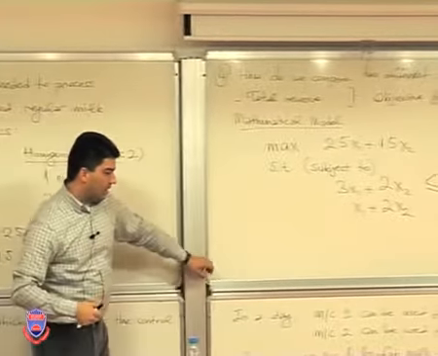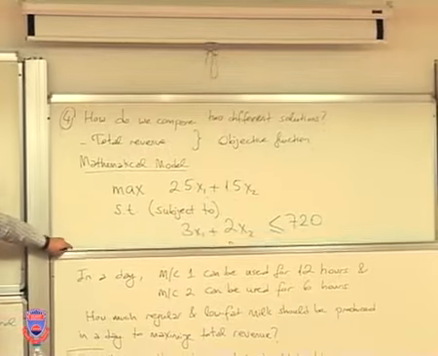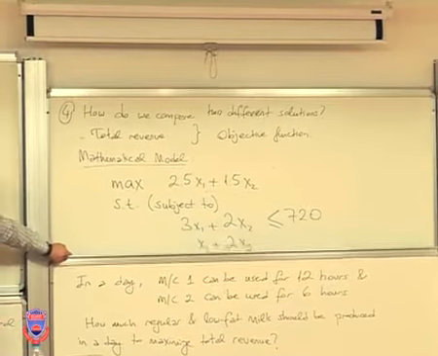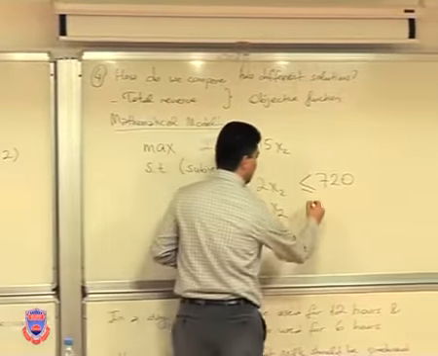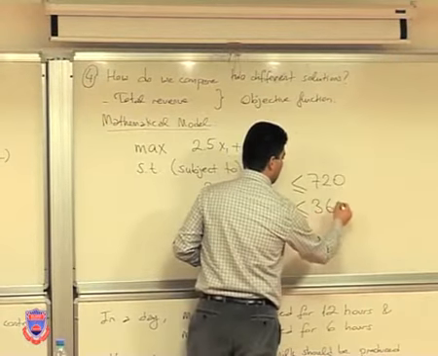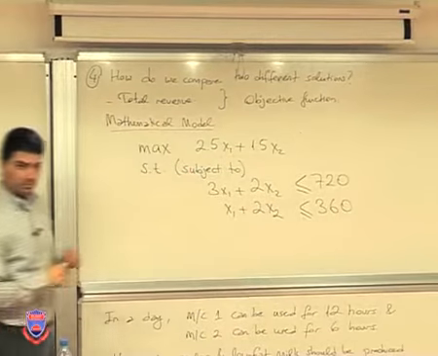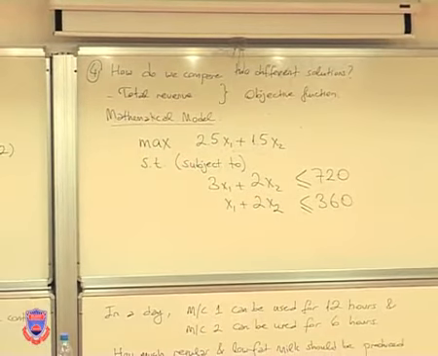And what's the available time on machine 2? 6 hours. I need to turn it into minutes again. Okay? So by the same reasoning, this should be less than or equal to 360. Okay? So that actually models the constraint that we cannot exceed the available machine time.